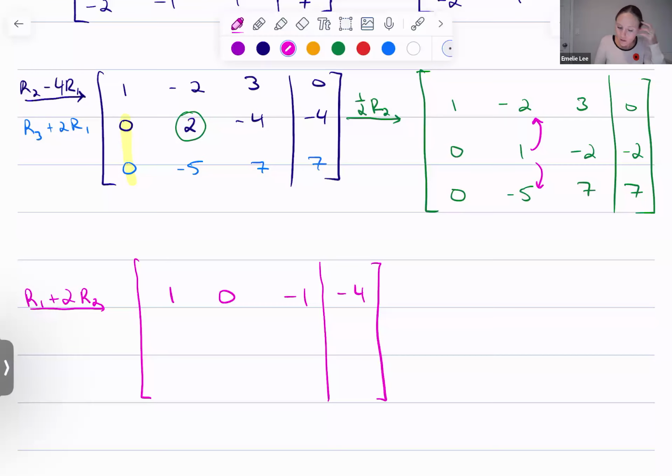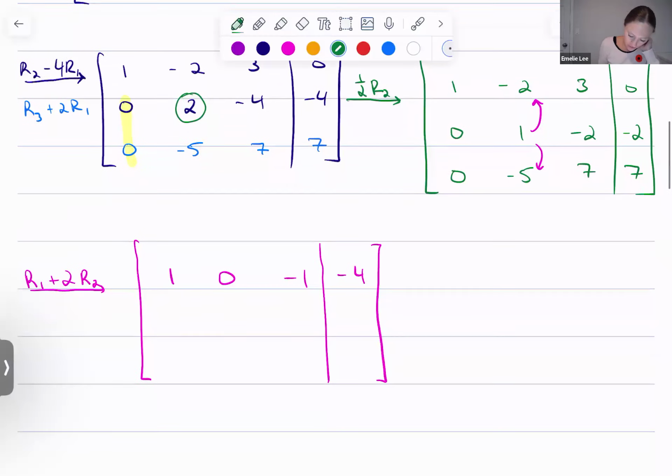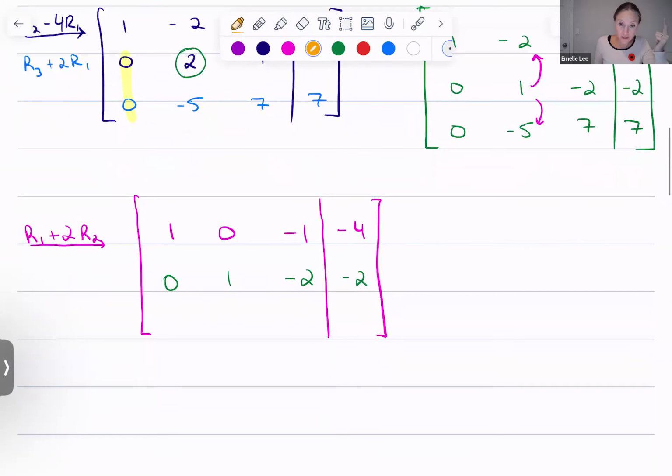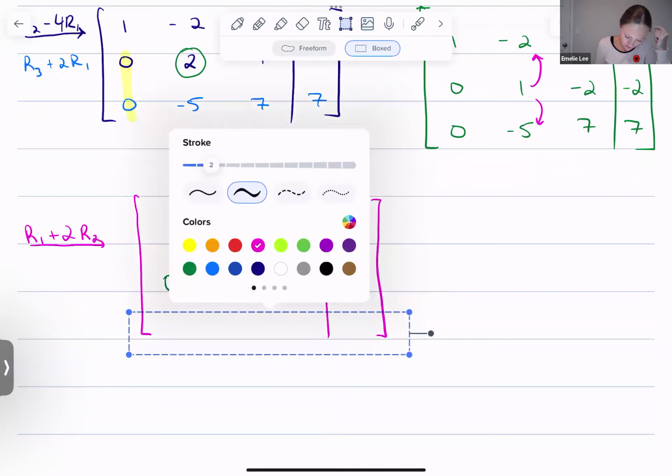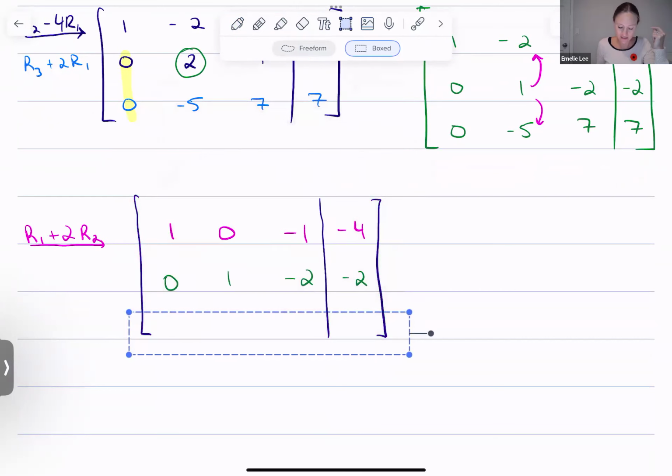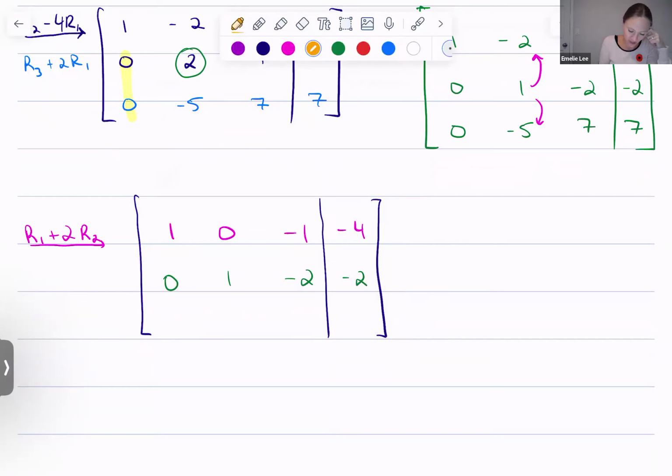Okay. This one, maybe I'll still keep it green to show that it's staying the same from before. Getting really spicy with the colors here. How about this? Change it. And then I can use orange for the third row.